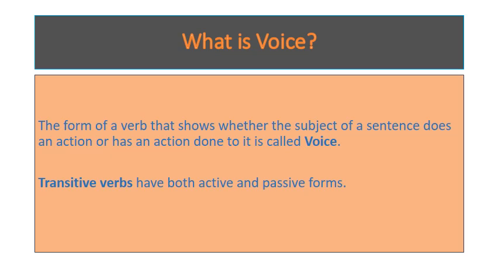Dear children, we know verb means action word. Verbs have 5 properties. And these 5 properties are voice, mood, tense, person, and number. In English grammar, the 2 grammatical voices are active and passive.